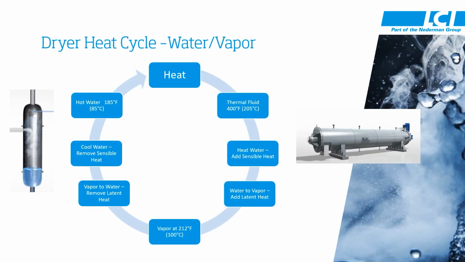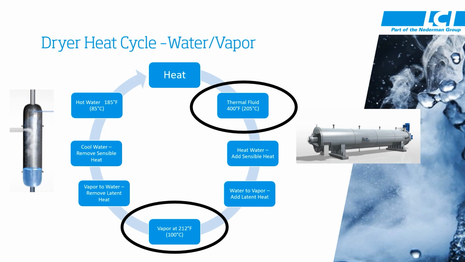So let's talk a little bit about the heat cycle as it relates to changing water into vapor and vapor back into water. First of all, we apply heat into the dryer. This is a thermal fluid at about 400 degrees Fahrenheit. This adds sensible heat to the water coming into the dryer and then also latent heat to turn that water into vapor. That vapor is going to exit the dryer at about 212 degrees Fahrenheit.